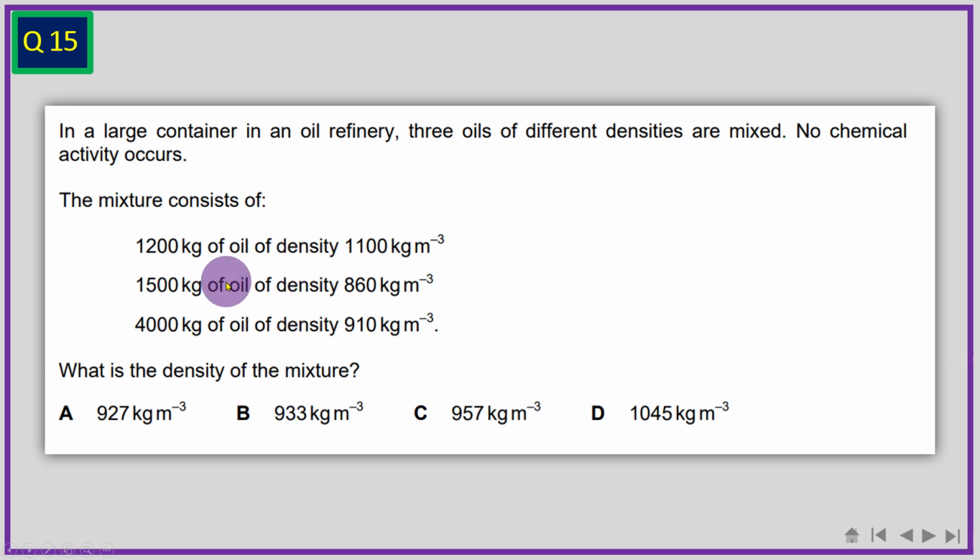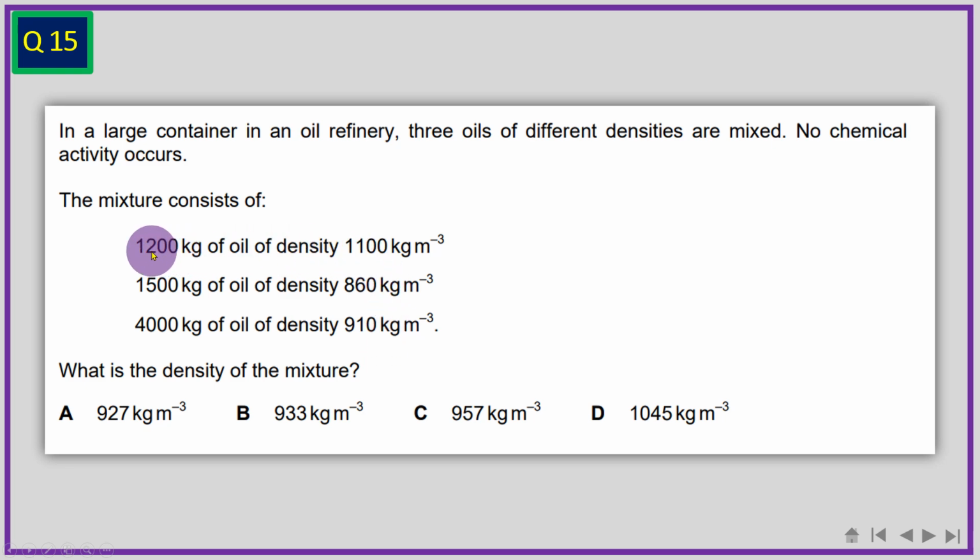In order to get the density of the mixture, we need to divide the total mass of the mixture, which will be 1200 plus 1500 plus 400, divided by the total volume of the mixture, which will be equal to the volume of this oil of this much density plus the volume of this oil plus the volume of this oil.